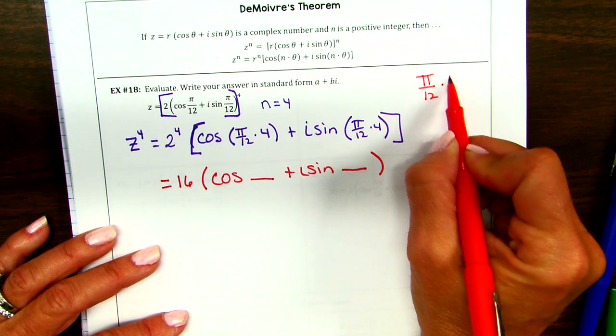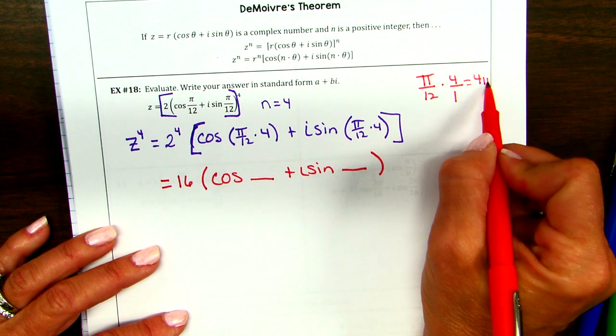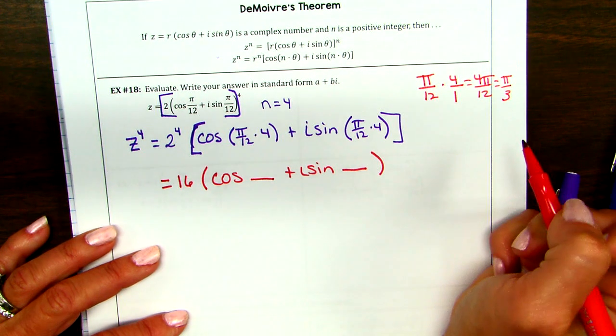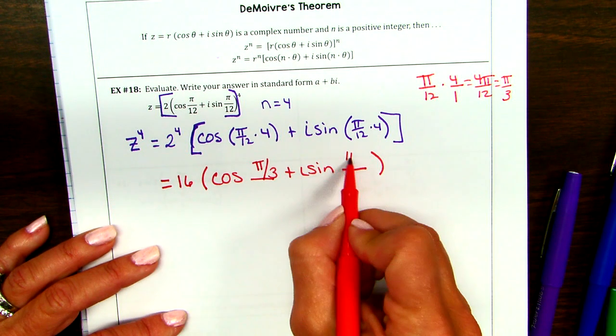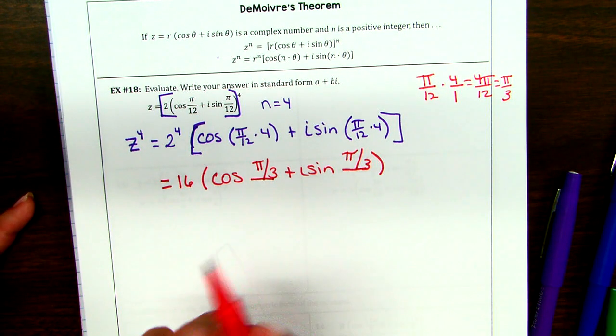That something, remember when you multiply fractions, we don't need a common denominator, but we do want to simplify our fractions. That's it. That is polar form.